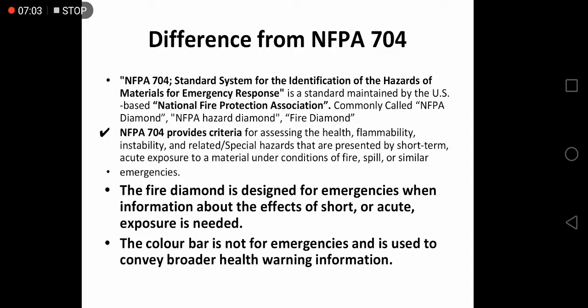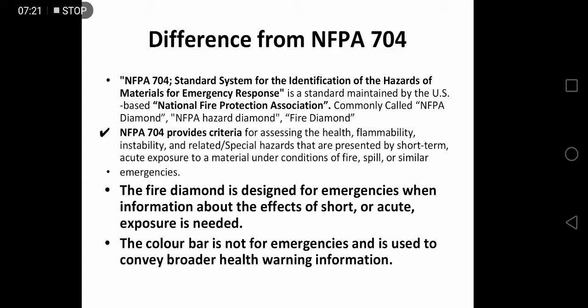It provides criteria for assessing health, flammability, instability, and special hazards presented by short-term acute exposure of material under conditions of fire, spill, or similar emergencies.